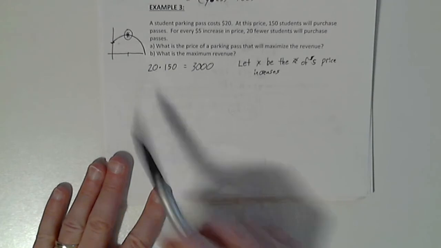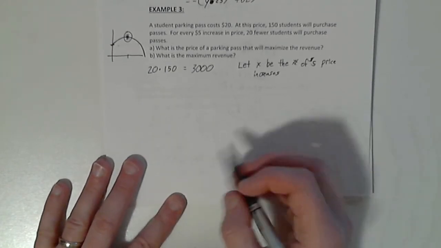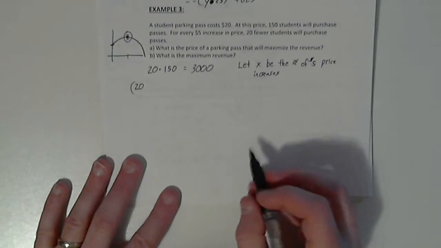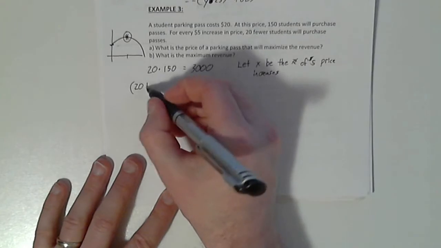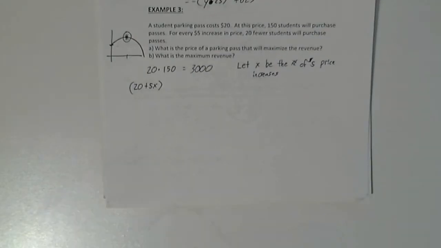So 20 was how much it costs. Instead of 20, it's now going to be 20 plus 5x. The amount of cost is 20 plus $5 for every price increase.